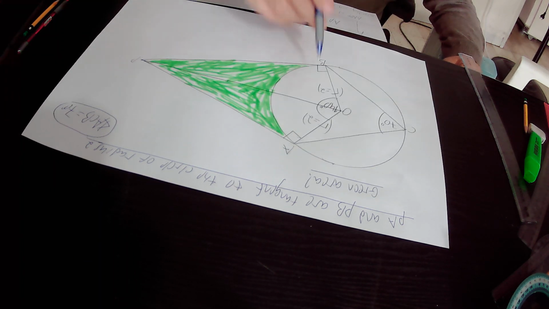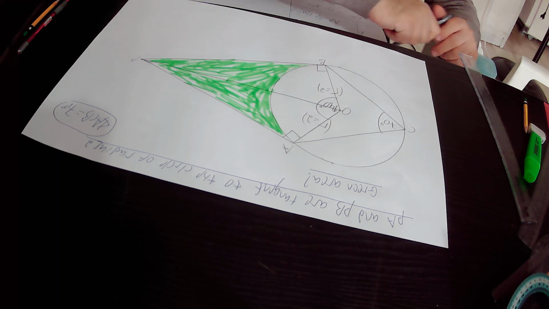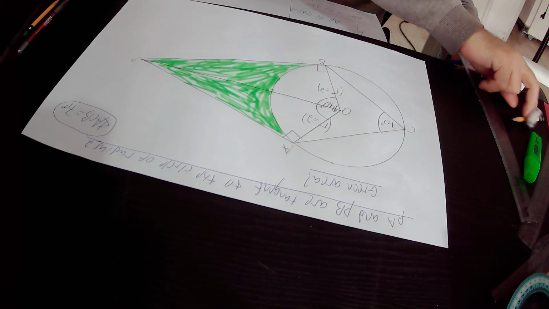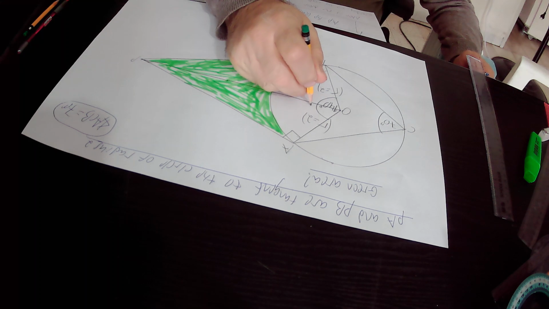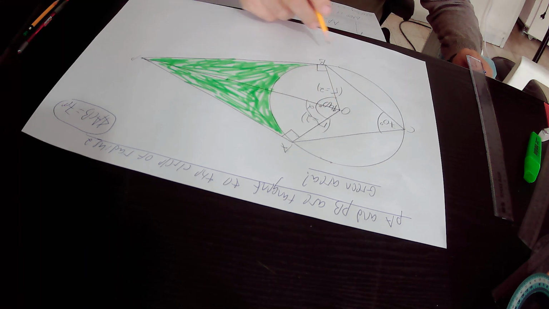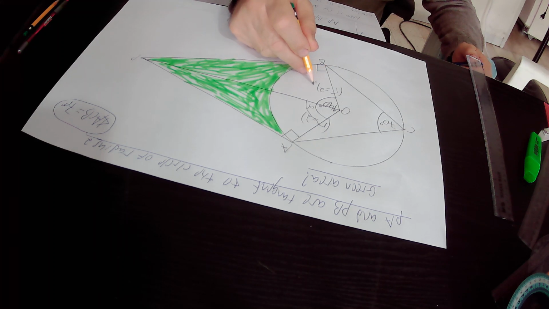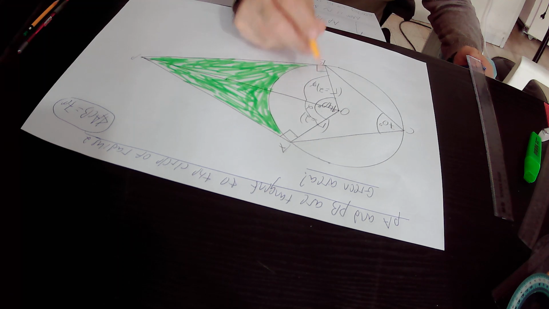So if we define this angle as alpha, then the other angle must also be equal to alpha because they are equal to each other.